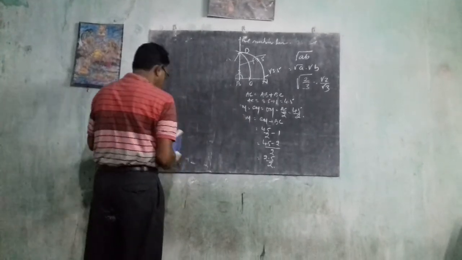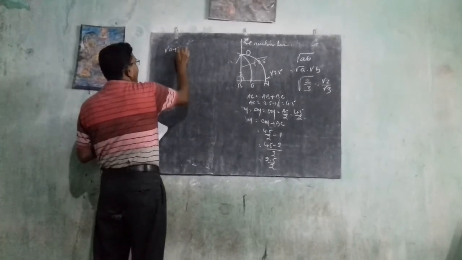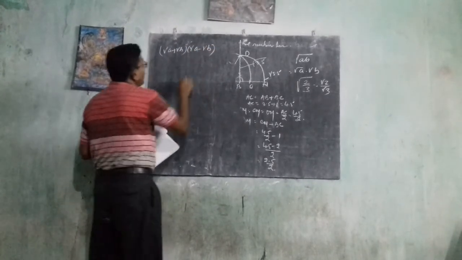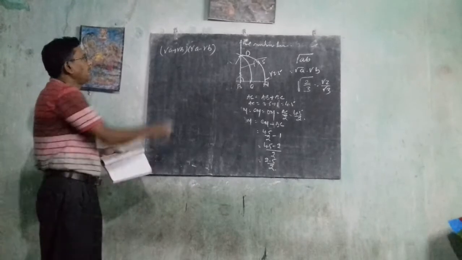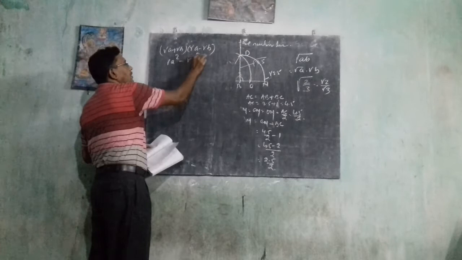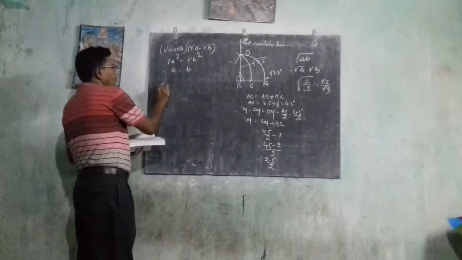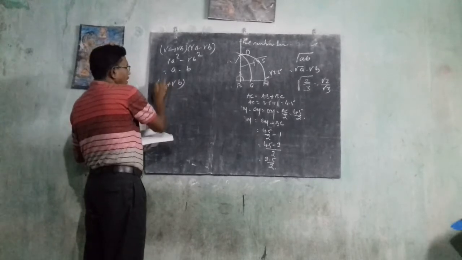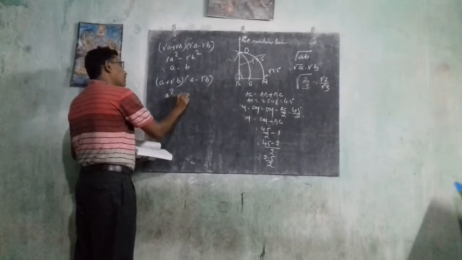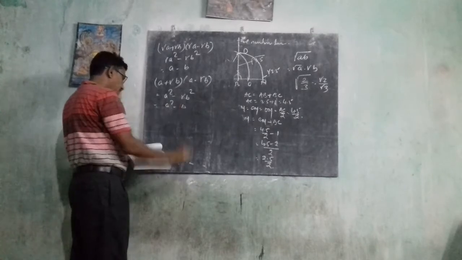Given root A plus root B into root A minus root B. Now here, use the identity A plus B into A minus B equals A square minus B square. So root A square minus root B square equals A minus B. Then this type, another: A plus root B and A minus root B. This also uses the same identity, A square minus root B square. This means A square minus B.